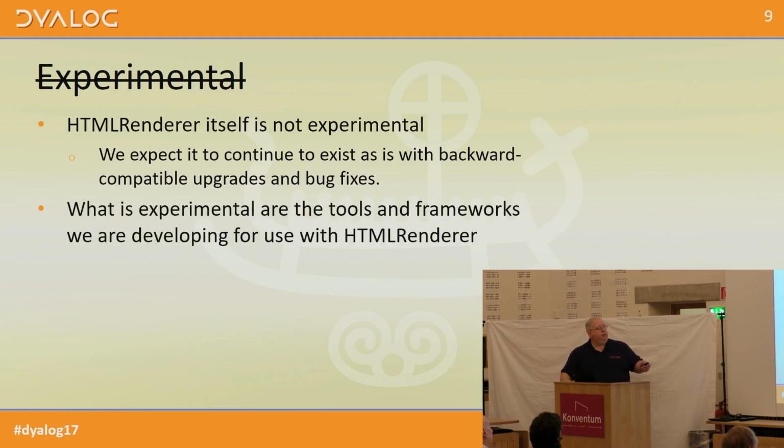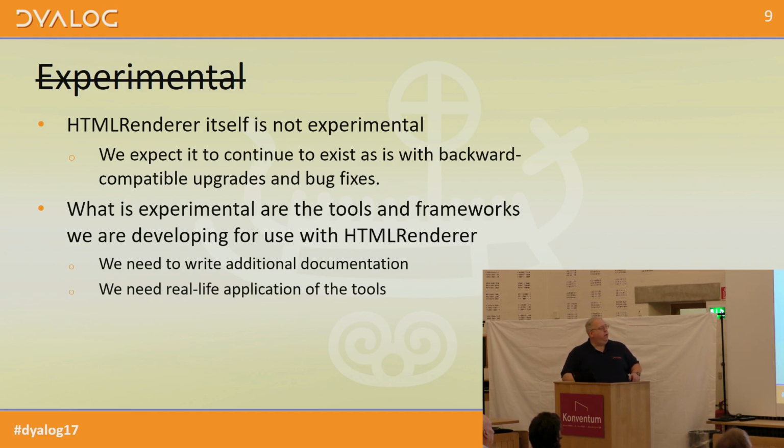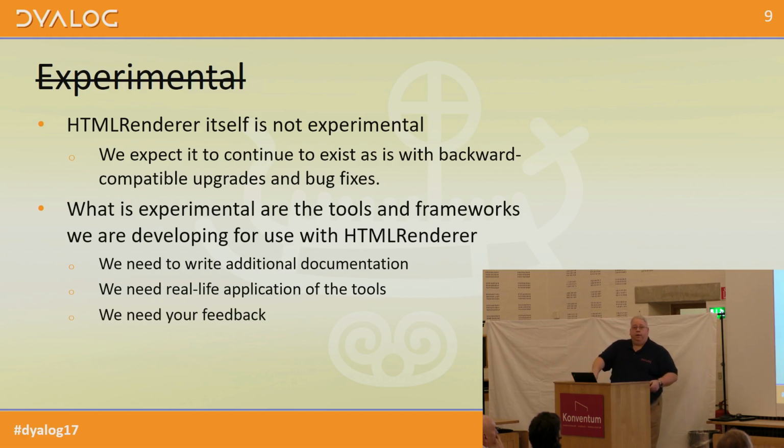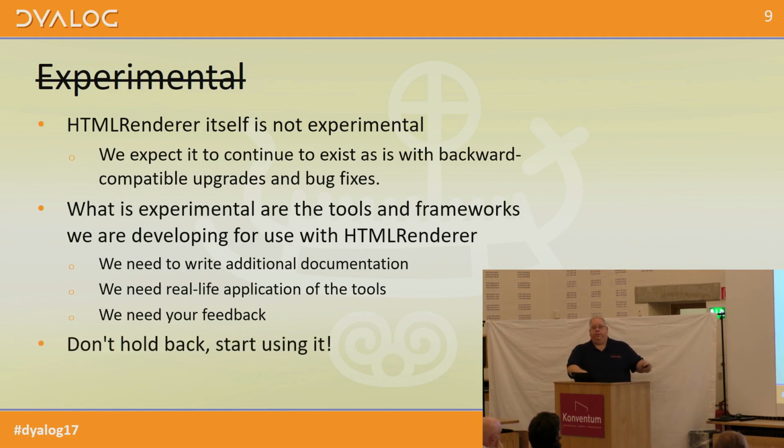What is experimental are the tools and frameworks that we're developing to work with HTMLRenderer. And so we need to write additional documentation. We need real-life application of the tools, and really we need your feedback to help tell us whether we're on the right path or not. So please don't hold back, start using this.